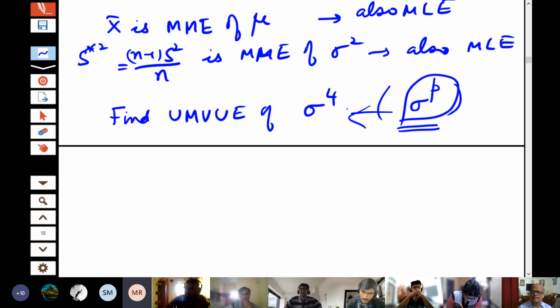Like expectation of chi-square distribution. No. So what is the UMVUE for sigma to the power 4? What did you say as the UMVUE? n minus 1 whole square into s power 4 by 2n minus 2 plus n minus 1 whole square.